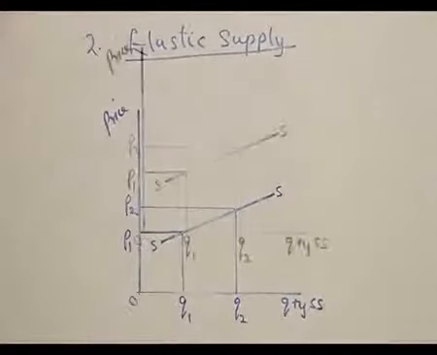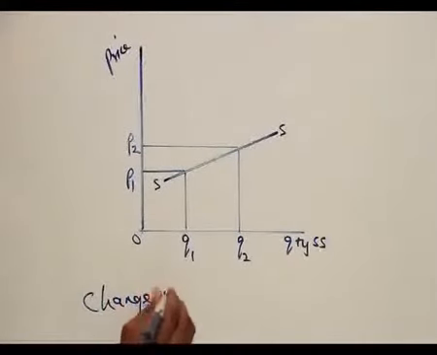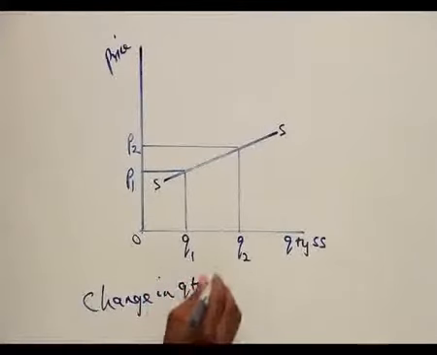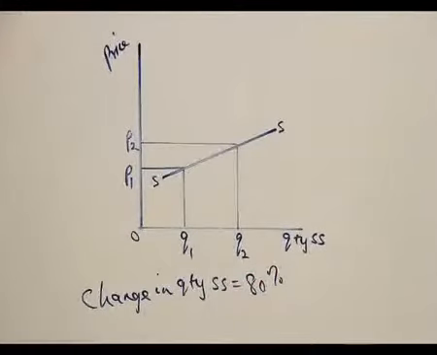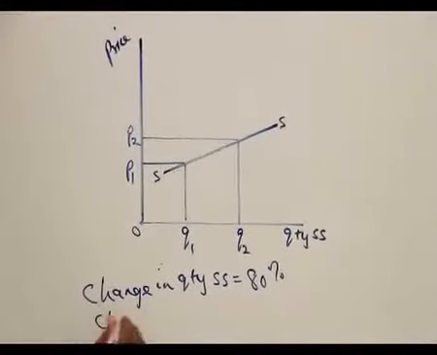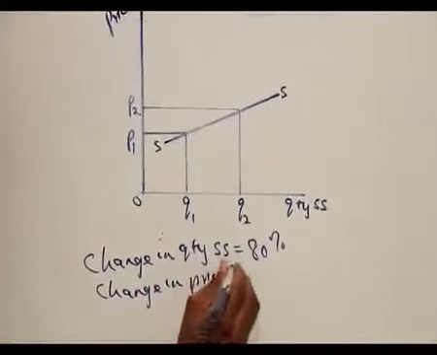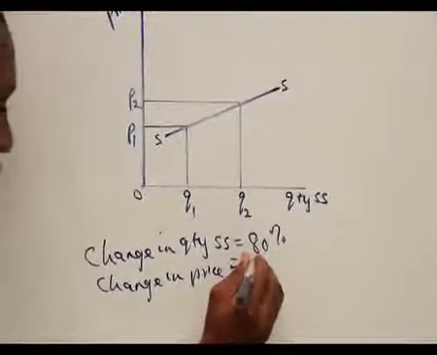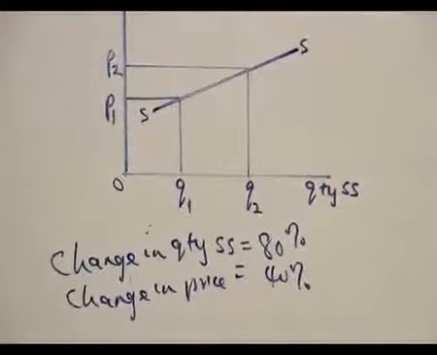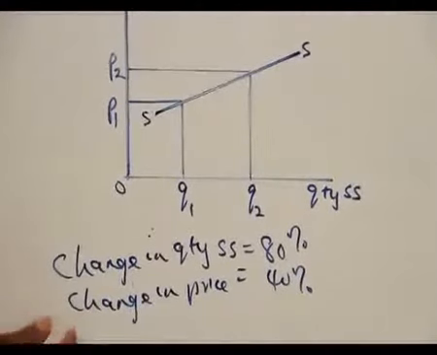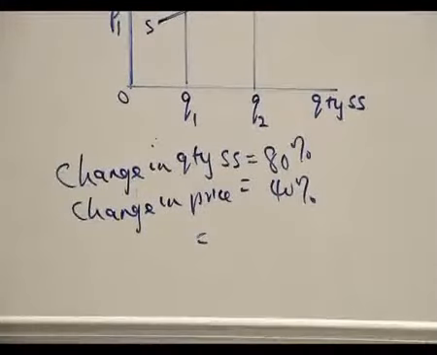For instance, if change in quantity supply equal 80% and change in price equal 40%, we will observe that the change in quantity supply is greater than change in price, so we are going to have elastic supply. How?